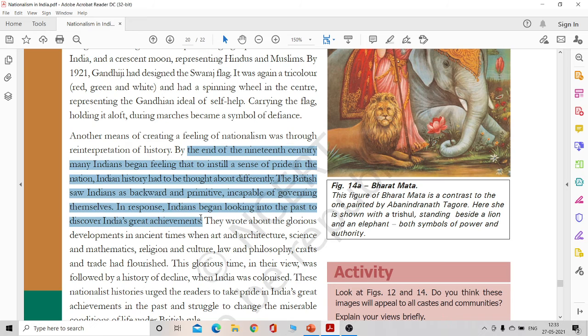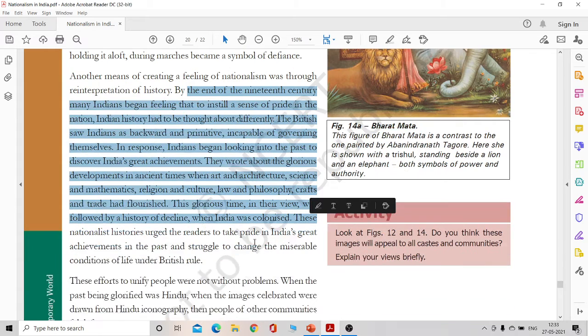However, in response, Indian historians, in order to instill a sense of pride, wrote about the glorious developments in ancient times, art and architecture, science, mathematics, religion, culture, law, philosophy, etc., and showed that Indians in the ancient and medieval times had a great civilization, and decline only came when India was colonized.